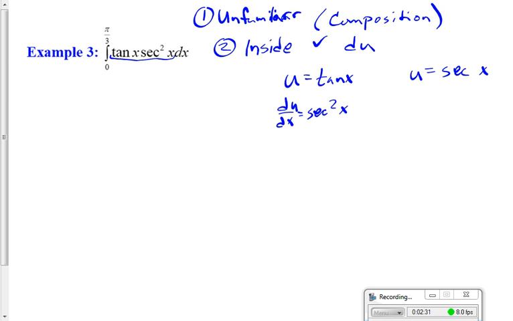What's the derivative of secant? Secant squared. Well, if I was using u equals secant x, I could then use the substitution to do u squared.